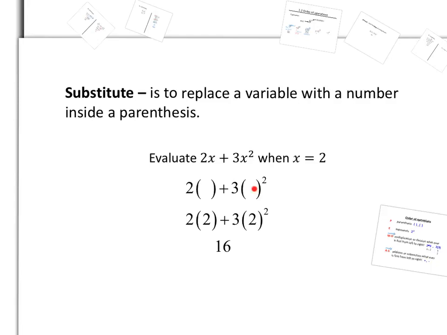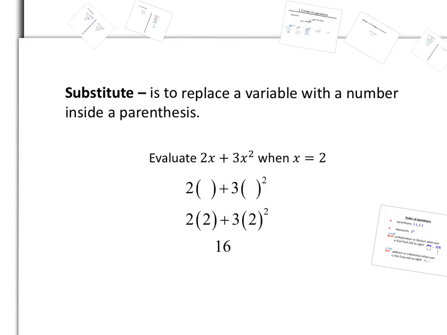I still have the 3, I still have the square, and I still have the 2 here. I take the number, I put it inside of the parentheses, and this becomes the order of operations. You follow parentheses first, then exponents, and then multiplication or division, and then addition or subtraction.